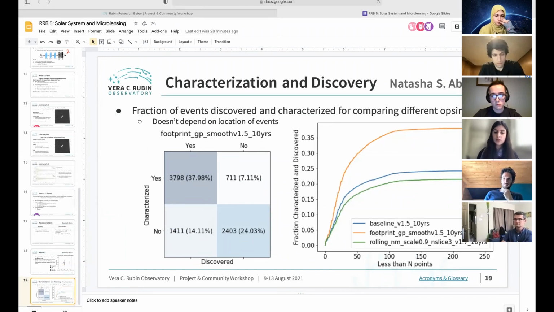We can also look at the fraction of events that are characterized and discovered as a function of the number of points in their light curve, and this is an interesting metric because it doesn't depend on where the events are happening on the sky, but rather just the array of times that are fed into the metric. Thanks. We hope to explore this further in our supplement extension of our cadence note.